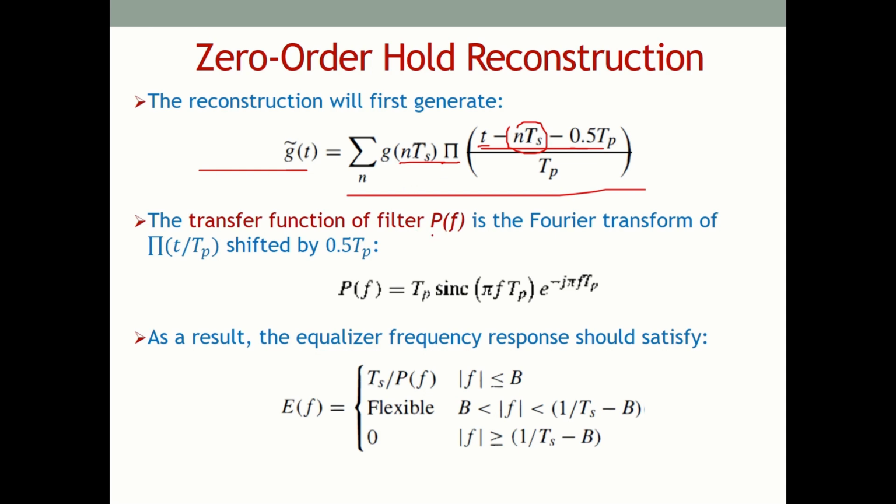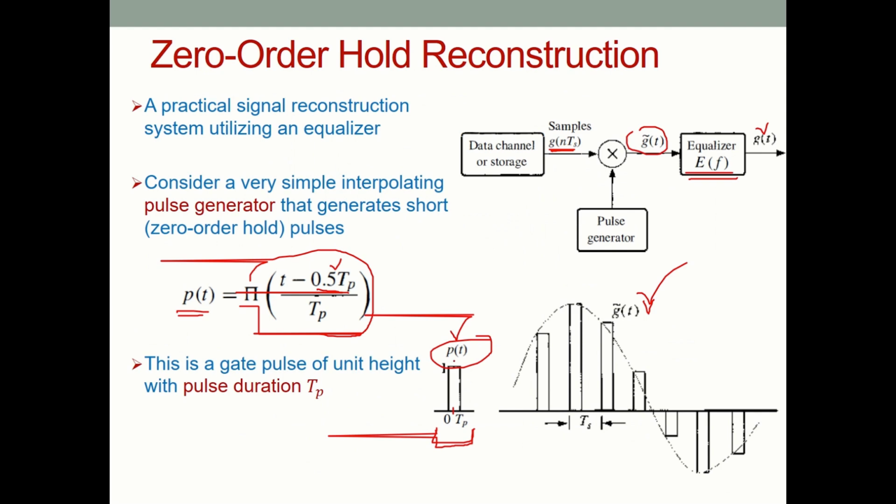So the transfer function of the filter PF, now this is PT. The transfer function of the filter PF can be obtained by the Fourier transform of rectangle T by TP shifted by 0.5 TP. So this is the transfer function of PF, which is the Fourier transform of this PT.